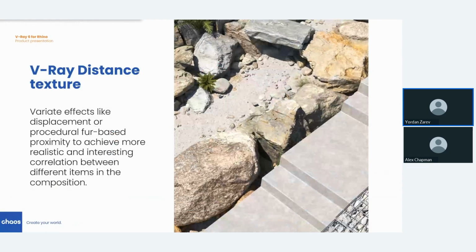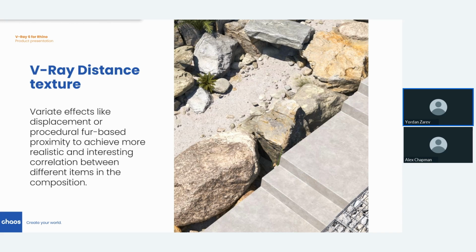The next thing I want to talk about is the V-Ray distance texture. This is an effect that has been in V-Ray for quite a while, but it has just now arrived in V-Ray for Rhino, and it gives you the ability to drive a texture depending on the distance between two objects.